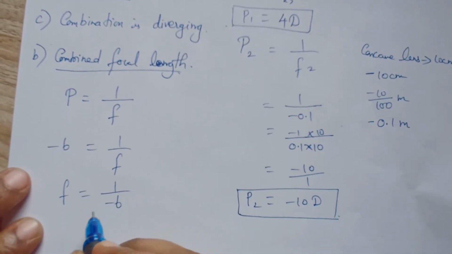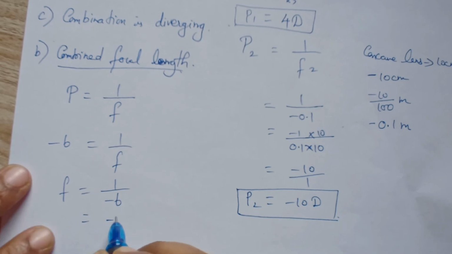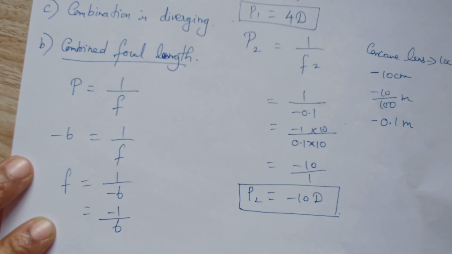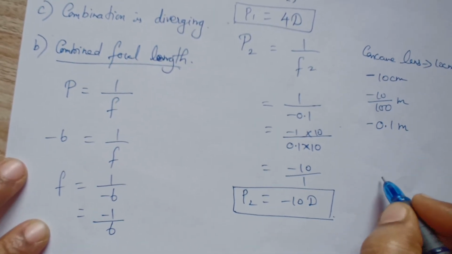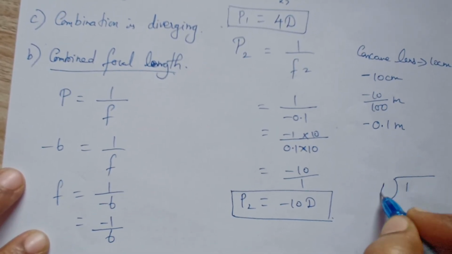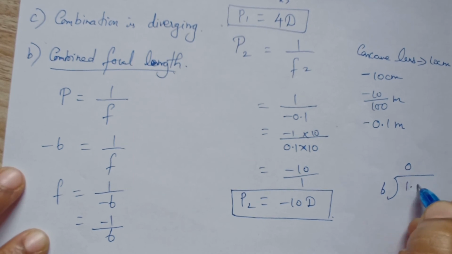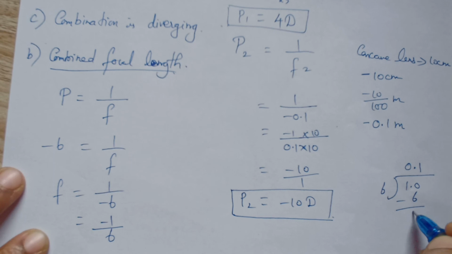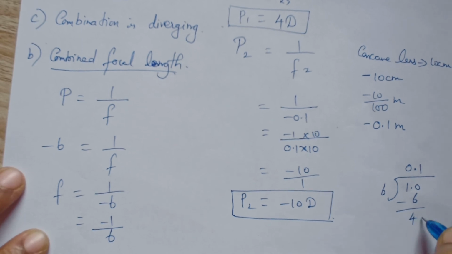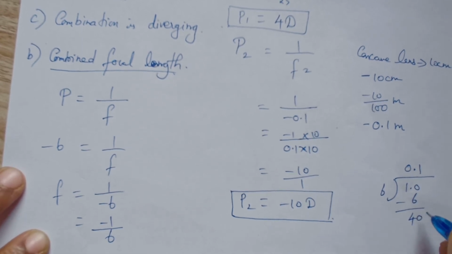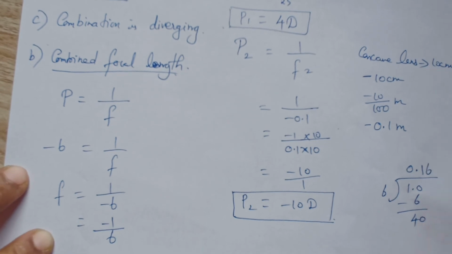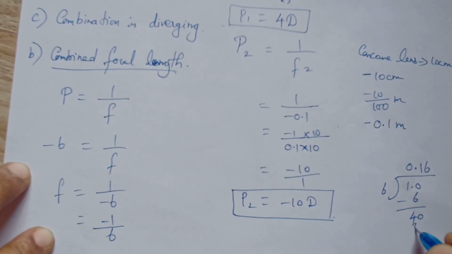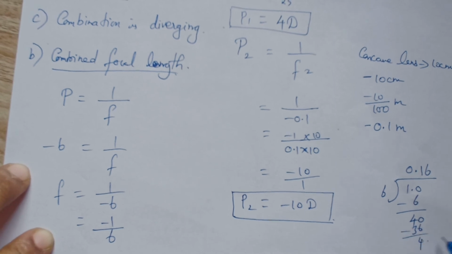So what is 1 divided by 6? 1 by 6: 0, then 0.1 times 6, 4, it becomes 40. 6 times 6 is 36, again you will get 4, so it will be repeating.